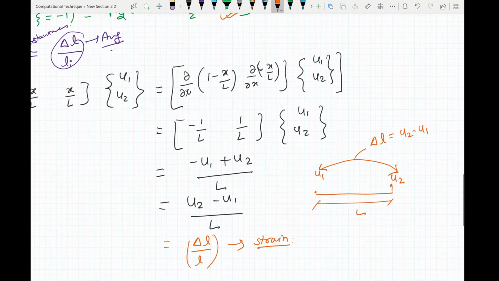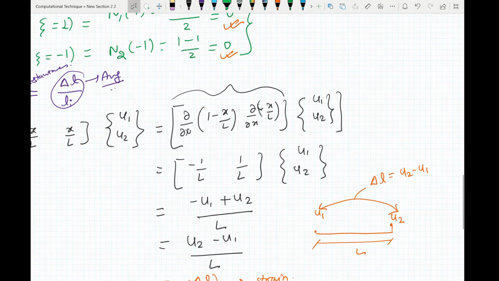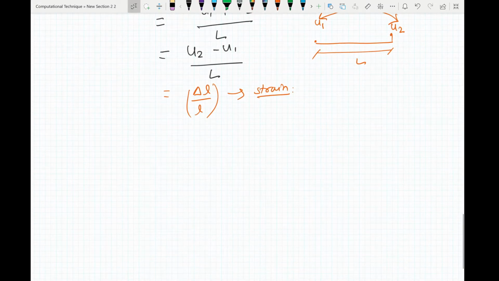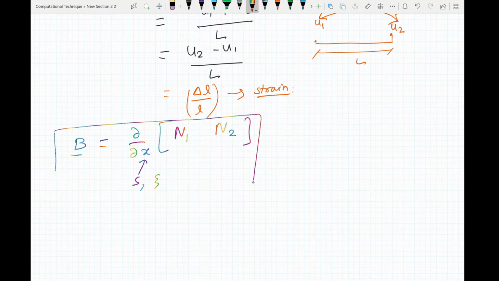Now the matrix here is known as the B matrix. Your B matrix will look something like this. It will be a derivative in terms of x, or it can be in terms of s or xi, of your shape function matrix.